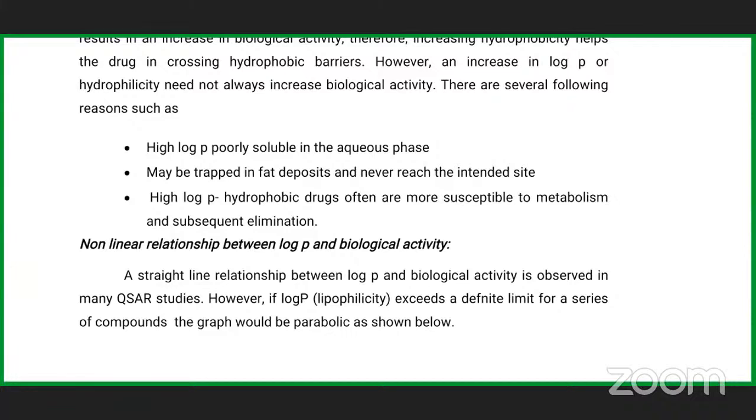When it is more soluble in the octanol, we get a high log P value, meaning log P is greater than 0. If log P is greater than 0, generally it is highly soluble in the octanol, or poorly soluble in the aqueous phase.